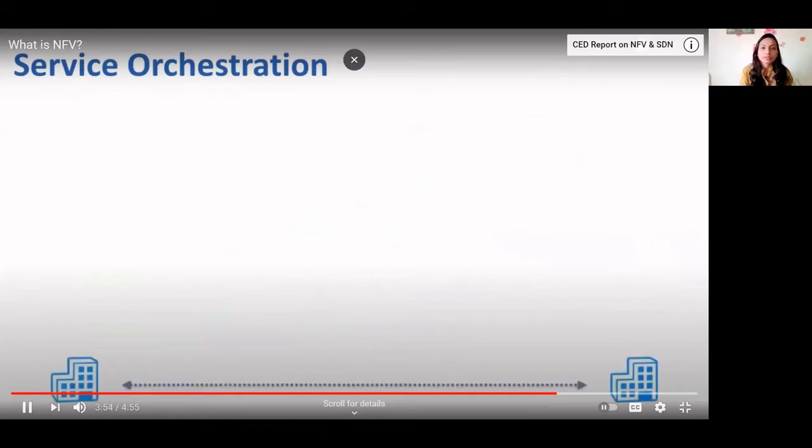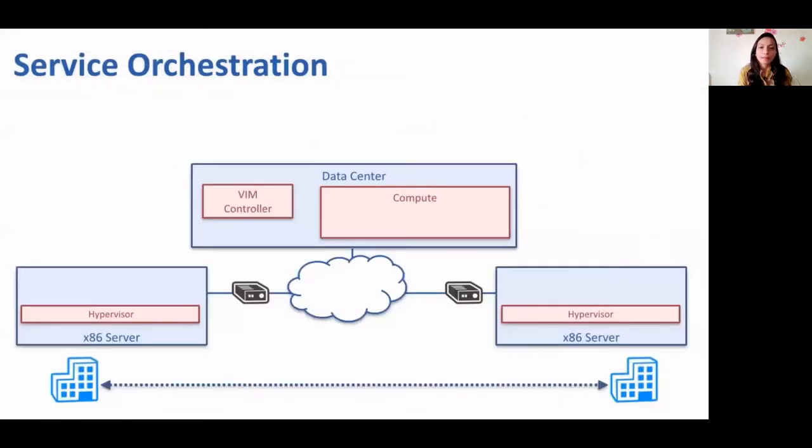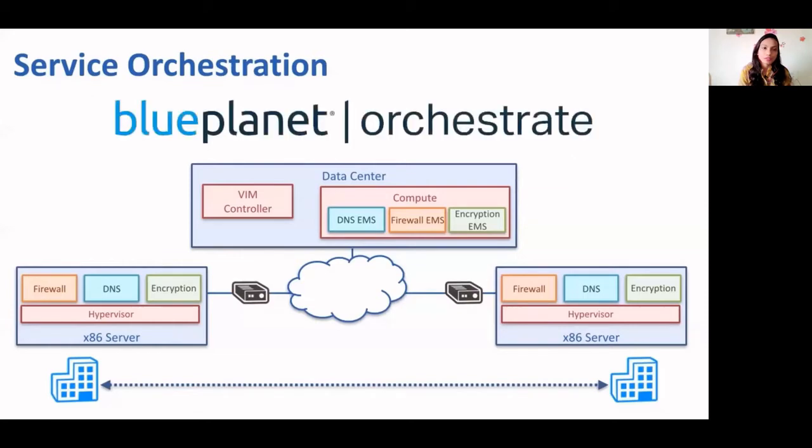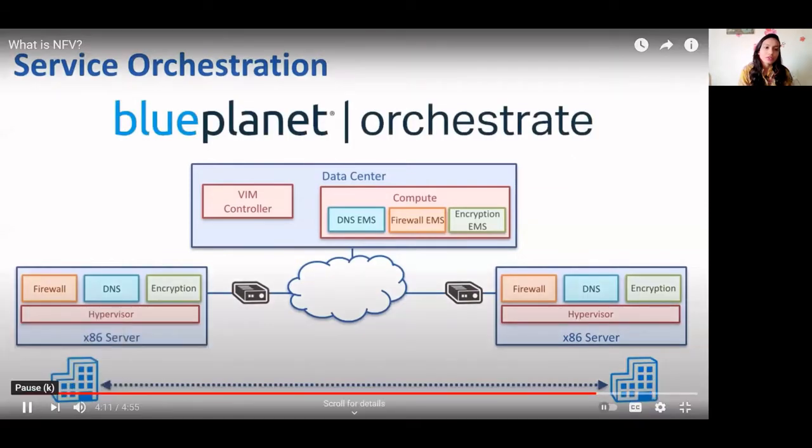Creating a service for a subscriber means that technicians need to coordinate resources across a variety of platforms from multiple vendors. Orchestration enables service providers to create repeatable workflows that coordinate and automate the creation, management, and synchronization of the resources needed to create a service. So this orchestration will take care of managing all these devices.